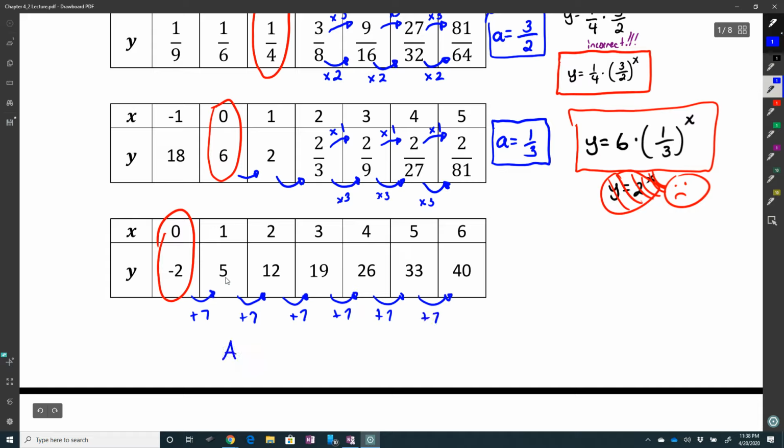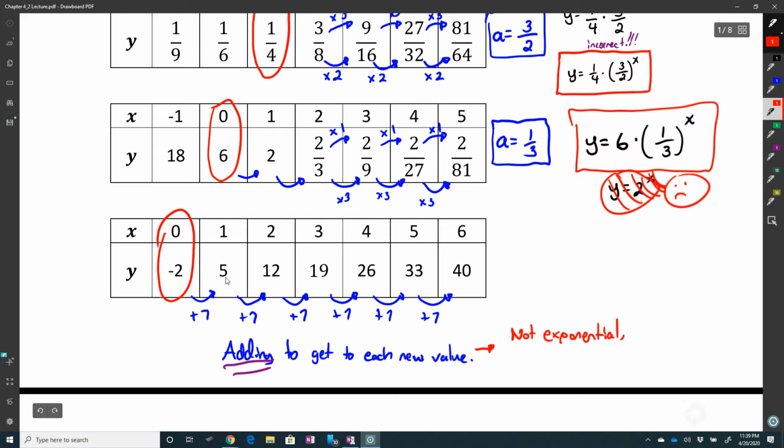So we're adding to get to each term. Okay, whenever you add to get to each new value, this means it's not exponential, but instead it's linear.